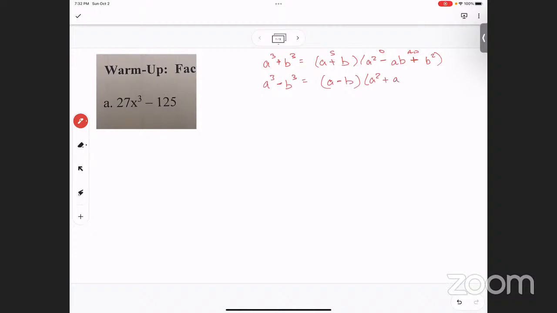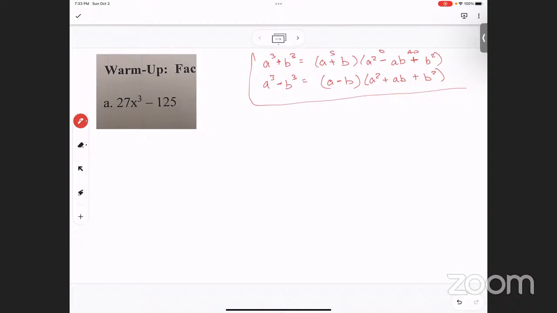Oh, plus. Maybe minus plus b, and then plus, because it always is positive at the end. So the sign is the same sign as what is in the problem, the opposite sign of what was in the problem, and then always positive. That's why it's called SOAP. And so if you have a sum or a difference of perfect cubes, that's how those factor.